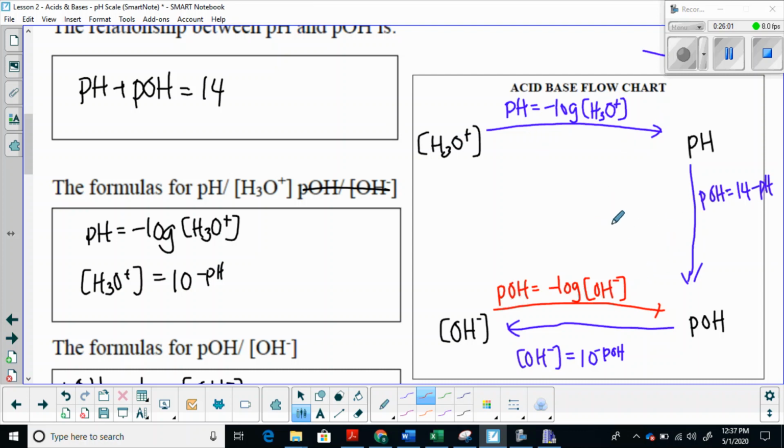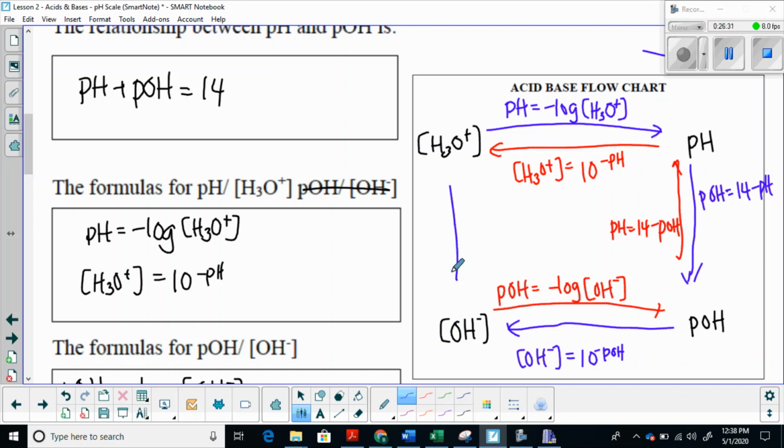To get pH, you are going pH is equal to 14 minus POH to go that way. And lastly, to come back here, hydronium is equal to 10 to the power of negative pH.